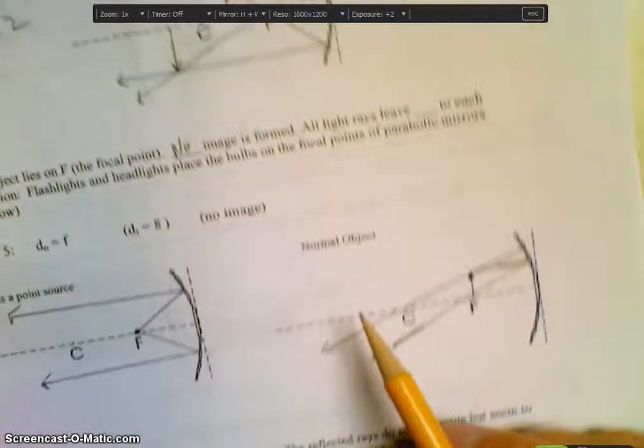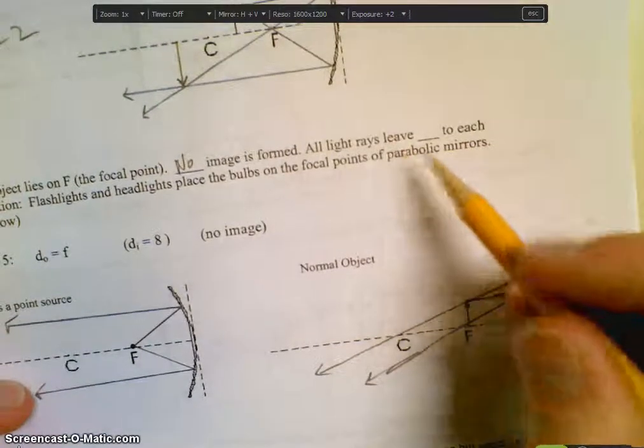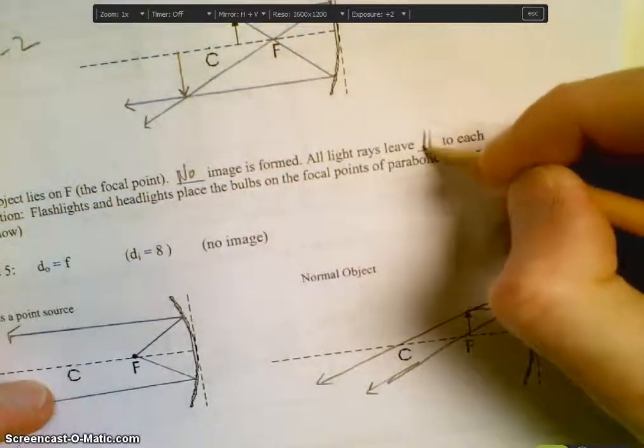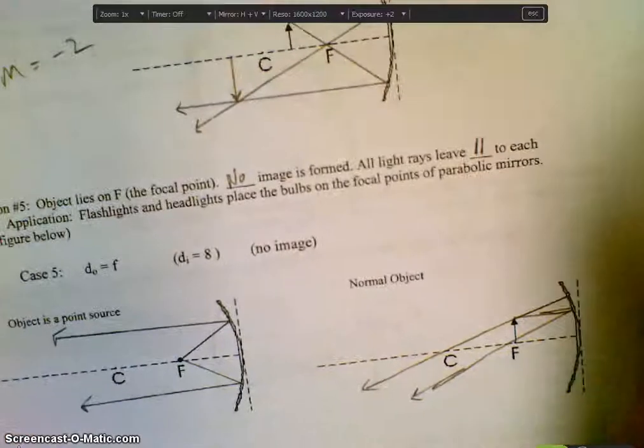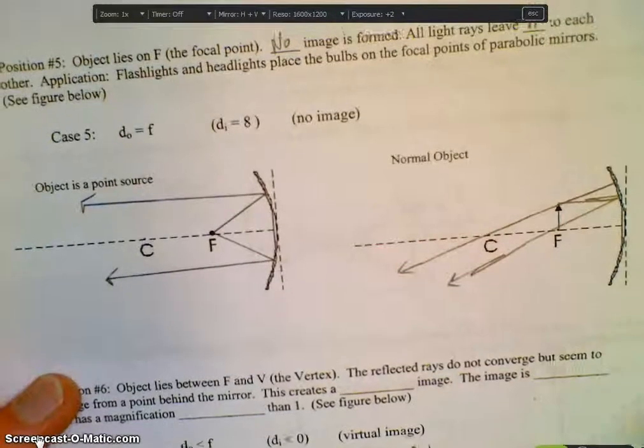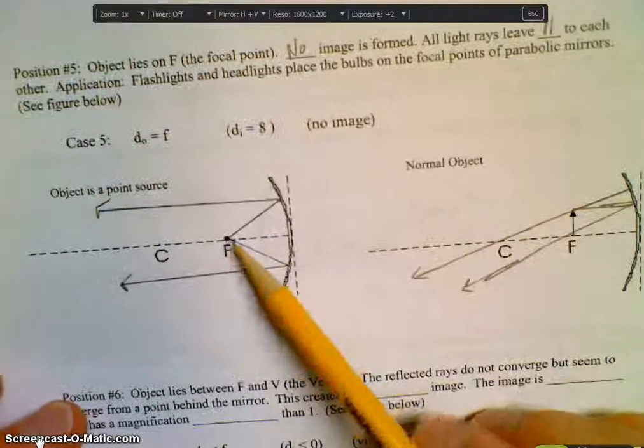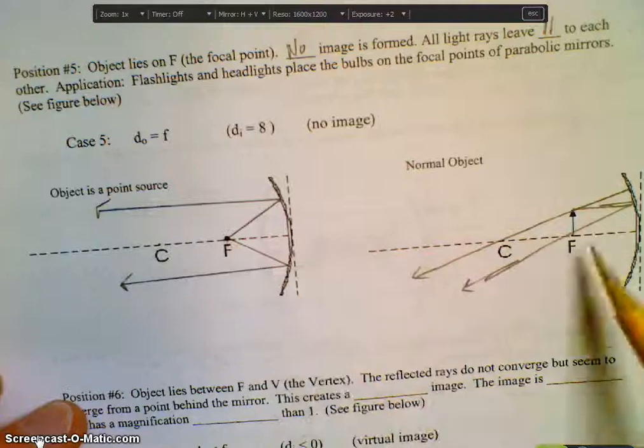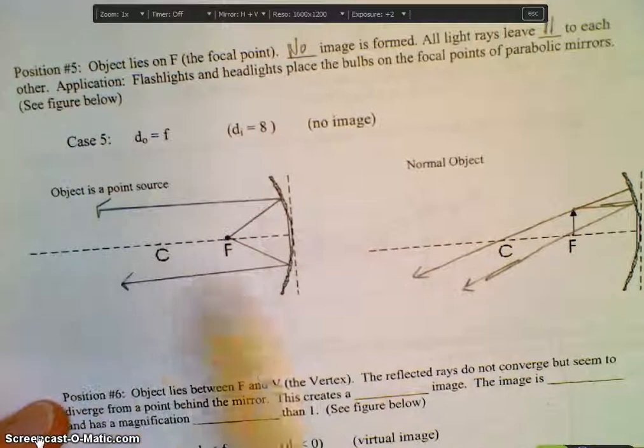So we have no image produced. It says all light rays leave parallel to each other. And the application to this would be flashlight headlights, and so forth. That bulb is placed at the focal point so that all the rays are moving parallel to each other.